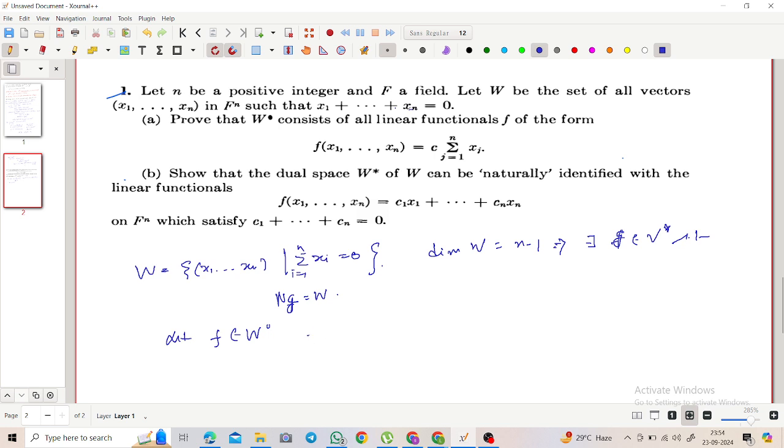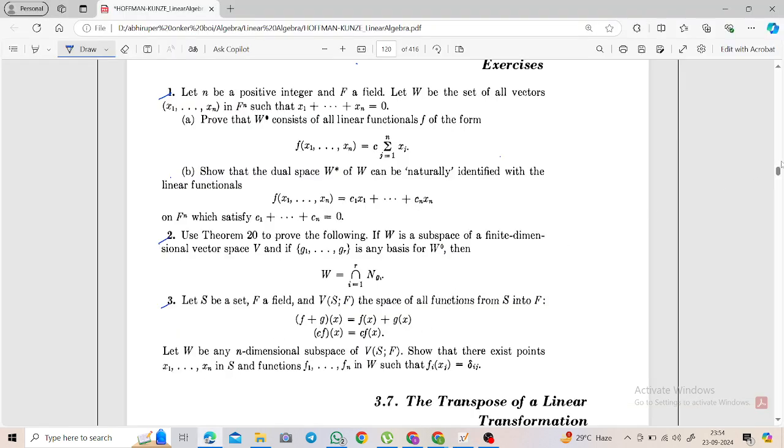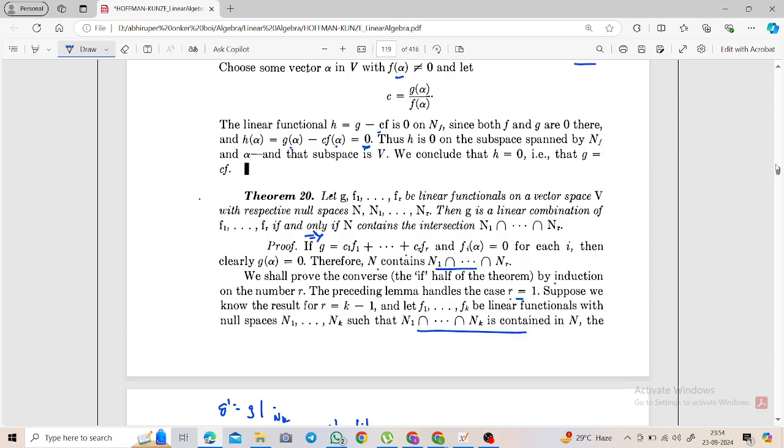Okay, so let v1 to vn. How did that previous line come about, that there is g belonging to V star such that the null space of g equals W? Didn't we just prove it, that for every hyperspace there will be a linear functional?